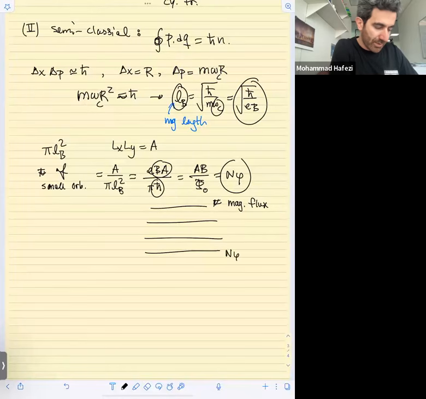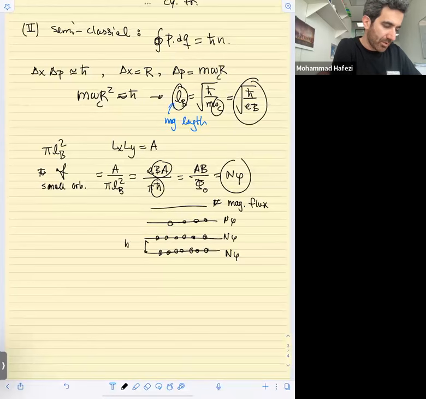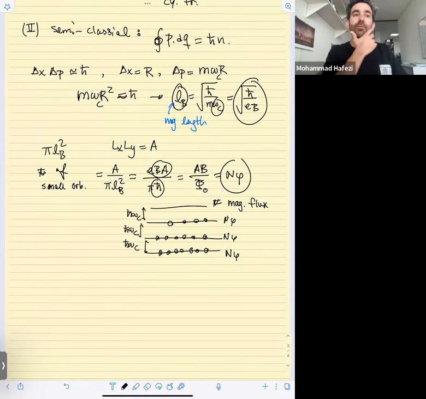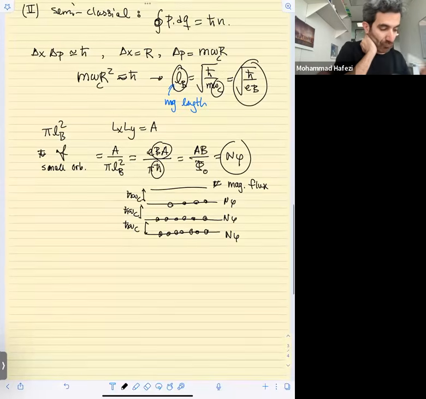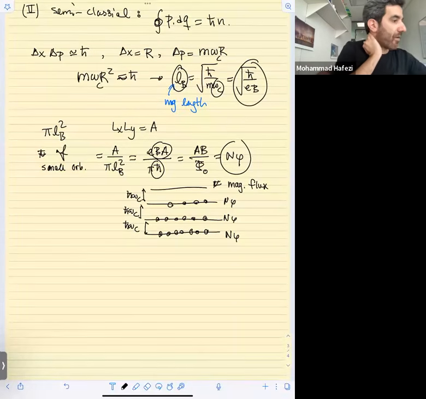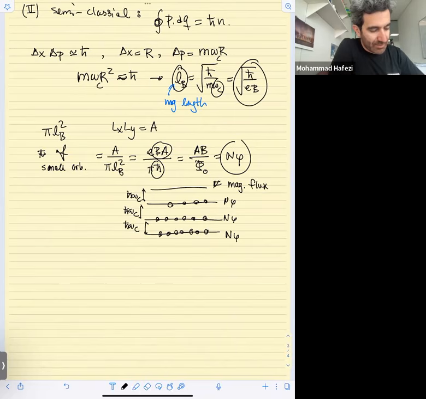So you will get n phi degeneracy in each of these levels, and each of them is separated by h bar omega c, the one that we had even from the classical picture. So from the semi-classical point of view, we expect some spectrum like this.